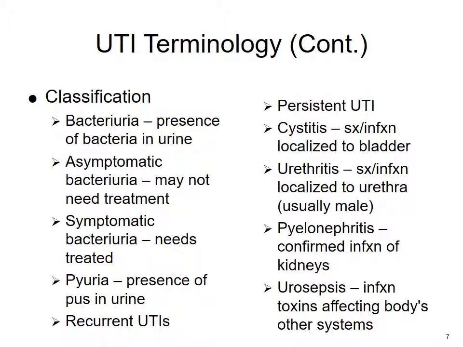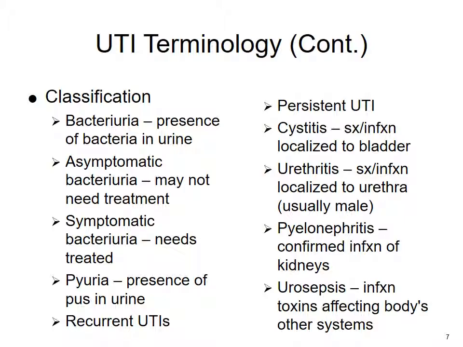Cystitis is a UTI where the symptoms and site of infection are localized to just the bladder. Urethritis is a UTI where the symptoms and infection are localized to just the urethra. Usually this would be in the case of males, since they actually do have that longer urethra where it could potentially just localize.